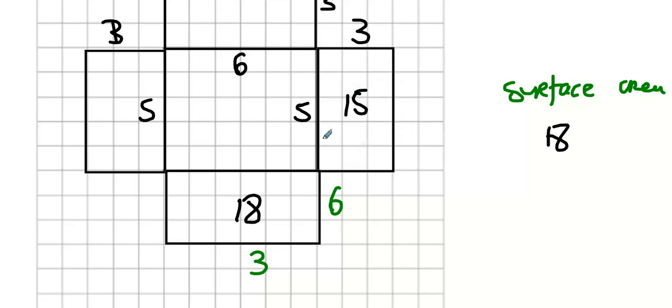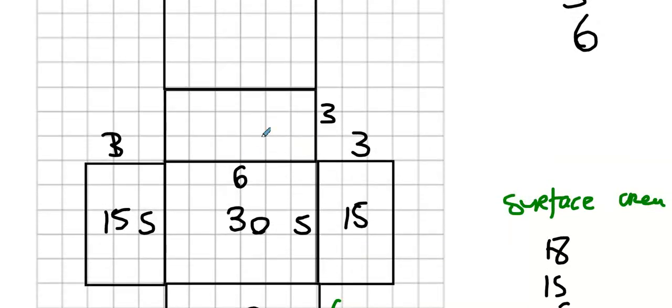What about this one here in the middle? 30. This one here. So we have a couple of them there, don't we? We have 2 15s, we have an 18, we have a 30. What else would we have? What about this one here? 6 by 3. 18.